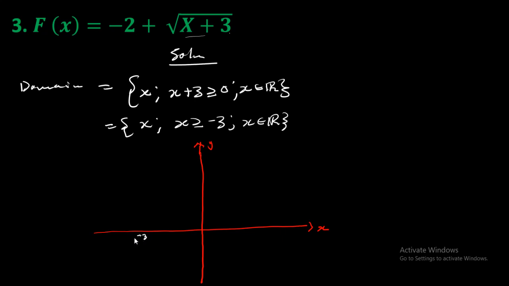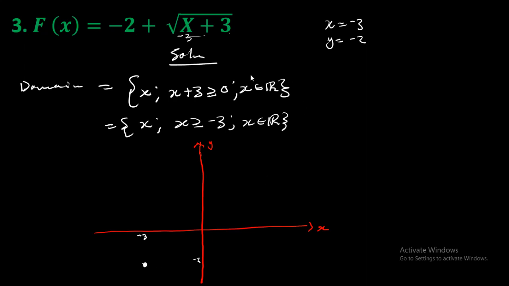When x is equal to negative 3, you plug in negative 3 there, and you're going to find that negative 3 plus 3 is 0. So y is simply equal to negative 2. You need to understand that negative 2 can be somewhere there. So the point is starting from somewhere there.